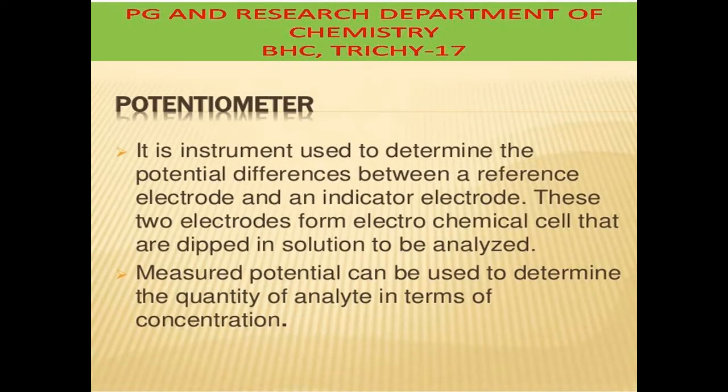The instrument is used to determine the potential difference between the reference and an indicator electrode. These two electrodes form an electrochemical cell that is dipped in the solution to be analyzed. So the measured potential difference can be used to determine the quantity of analyte in terms of concentration.